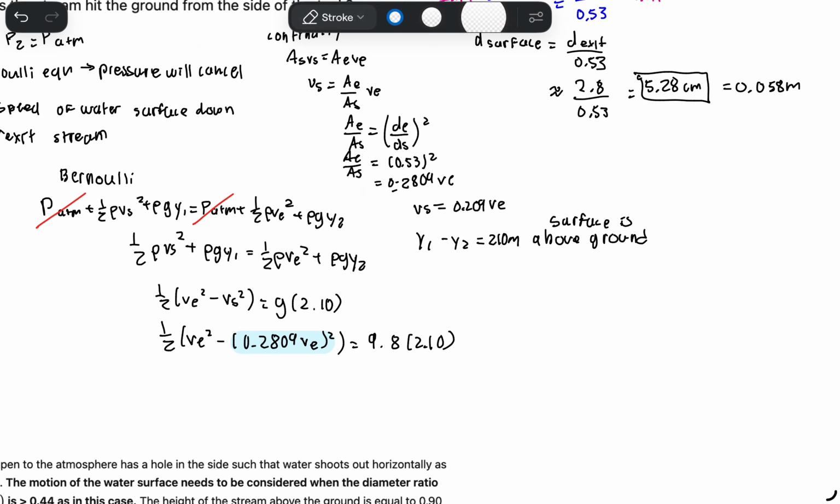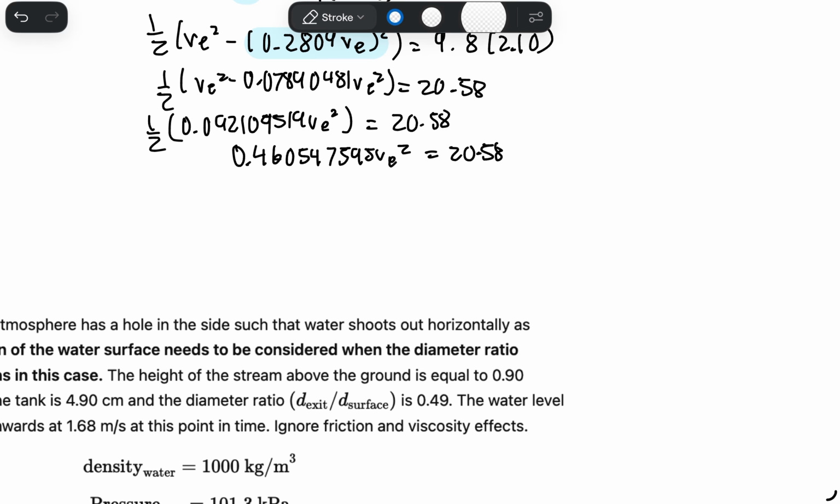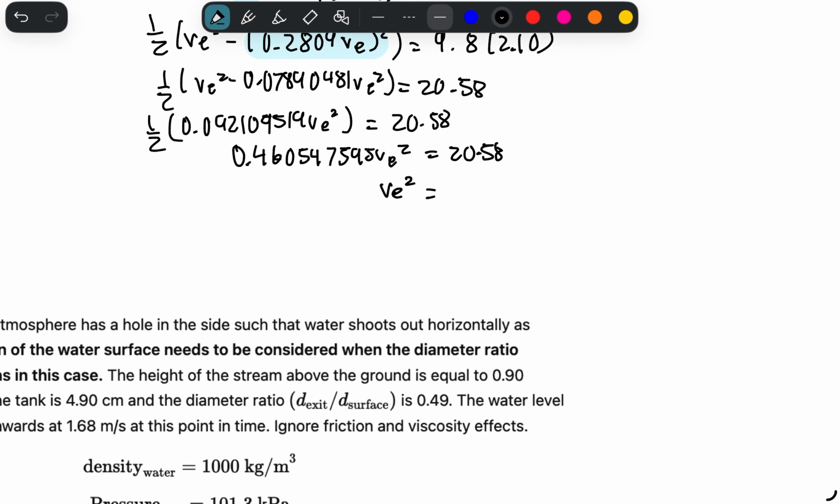And then you would just simplify this. That'll be 6.68 meters per second.